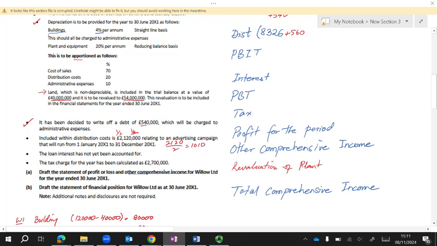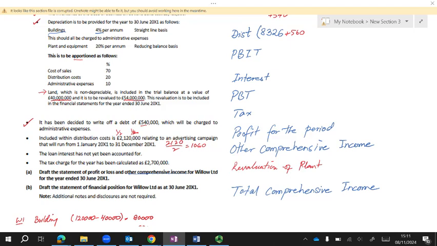2120 divided by 2 is 1060. Now this is prepaid.